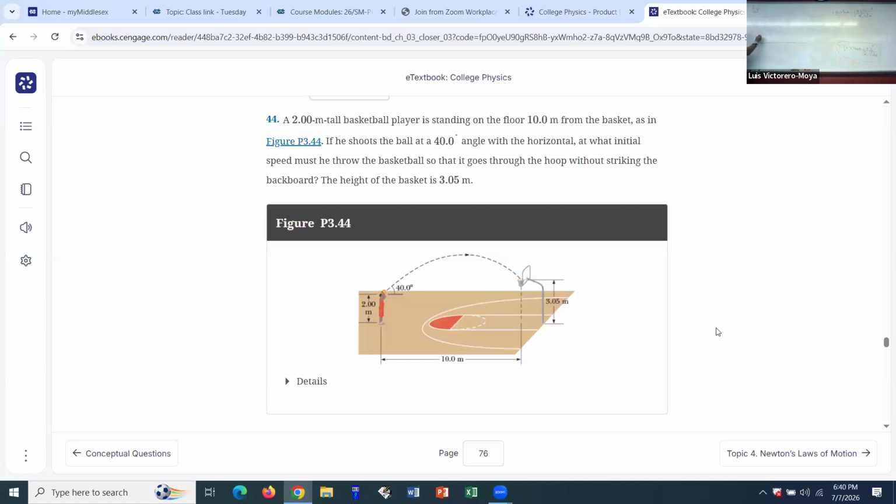You have the basketball player, who is 10 meters from the basket. Ten point zero.